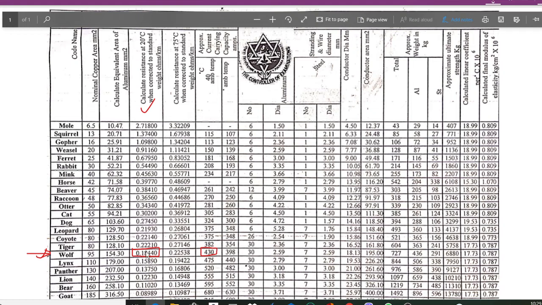At R20 the value is 0.18440, or directly we can take the value of R75 at 75 degrees Celsius, given as 0.2258. So either you can use R20 or you can use R75. If you use R20 we have to calculate the value of R75, so to manage time we can directly use the value of R75. So R75 is given as 0.22538.